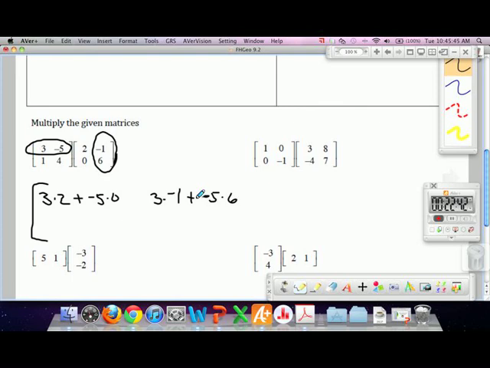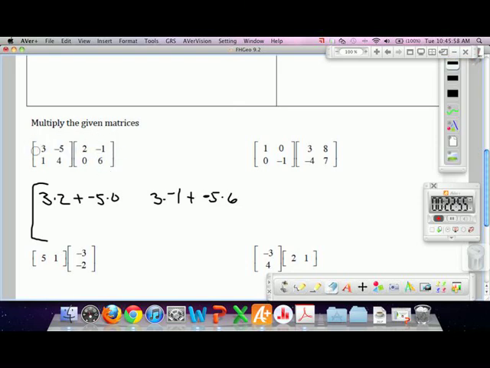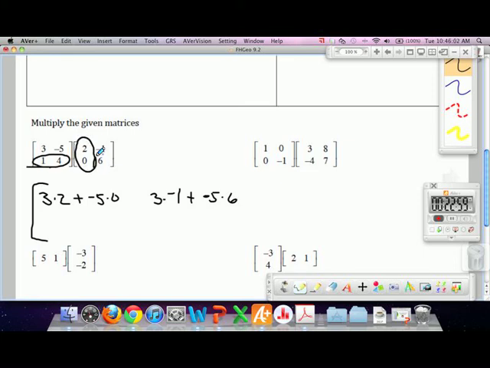If I want row 2, column 1, I multiply row 2 by column 1. So I get 1 times 2 and add that with 4 times 0.